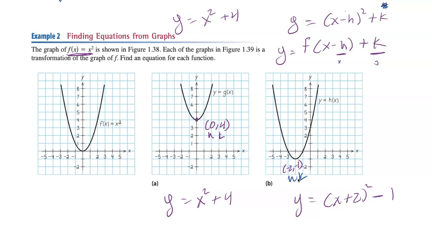So this is going to be negative 2 and negative 1. And then you simplify it, right? 2 negatives make a positive, so I would get x plus 2 squared minus 1. So you get the same thing either way. So that's the key to going backwards. If you know it, just do it, right? Just inside, outside. If you don't, find the vertex, plug it in.